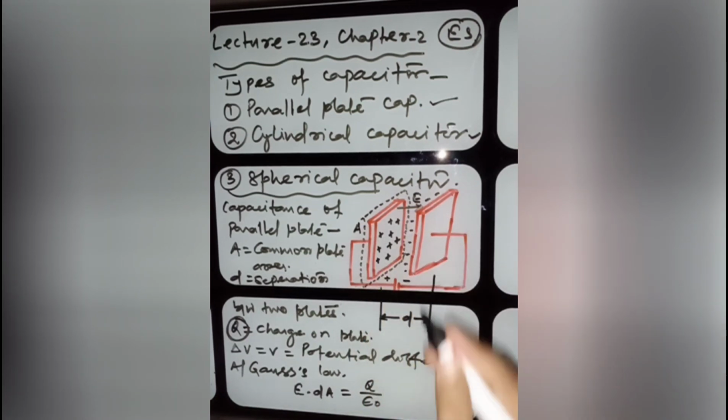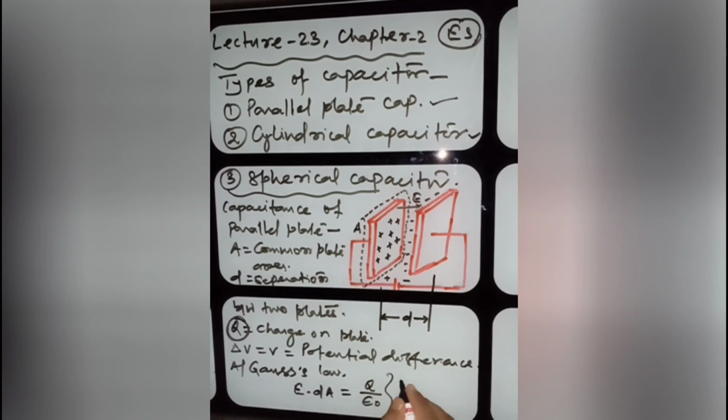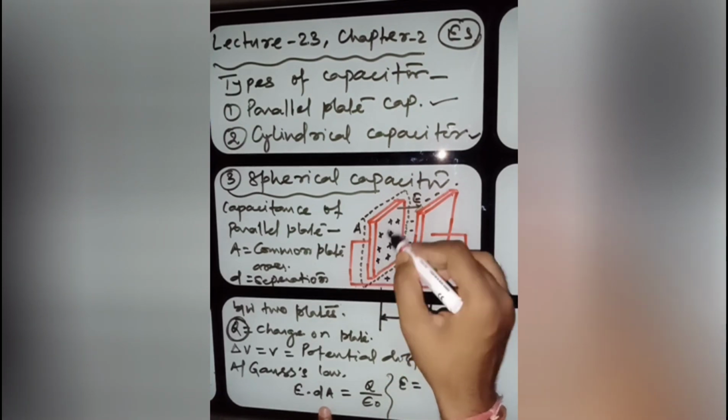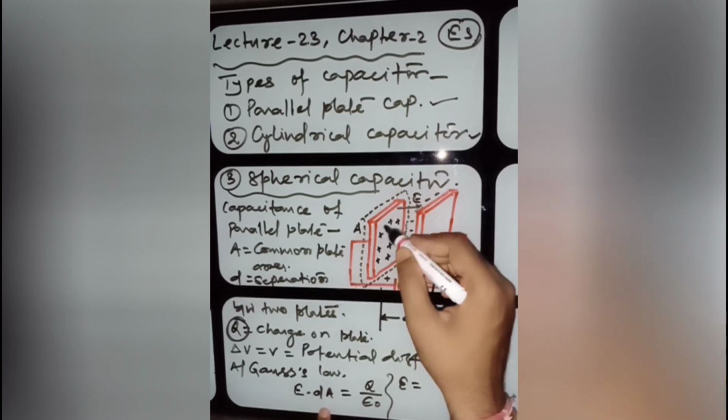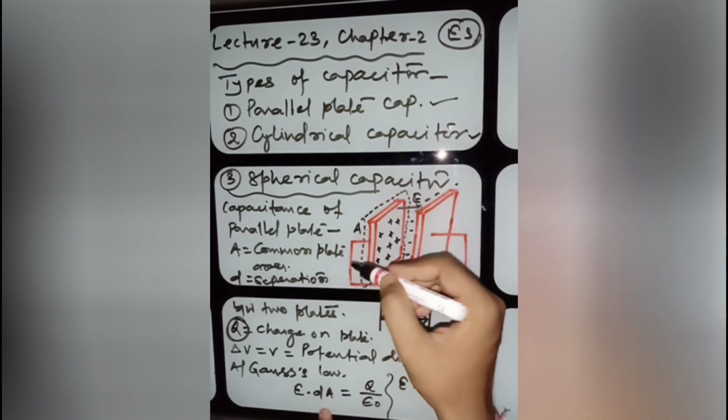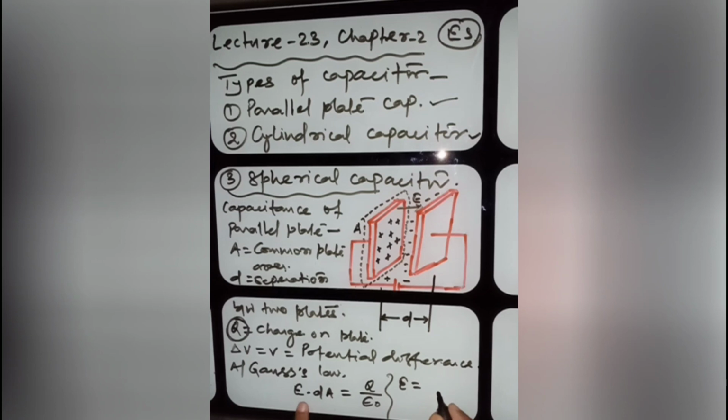Now we can find the electric field from here, E times the elemental area dA. Integrating this elemental area, you will get the total area of the plate. So we can write E equals Q by A epsilon naught. Equation 1. I don't think this is very difficult.